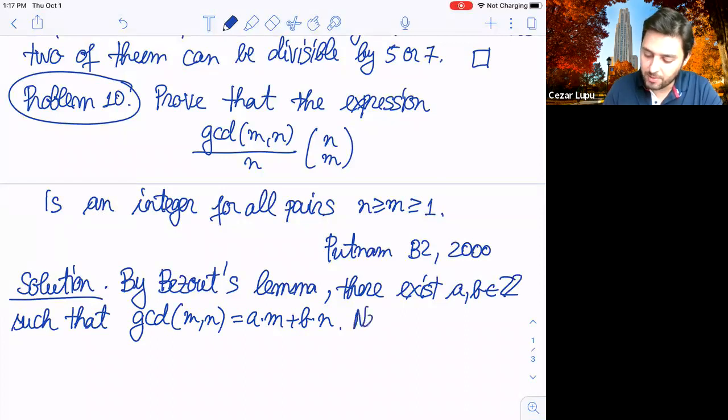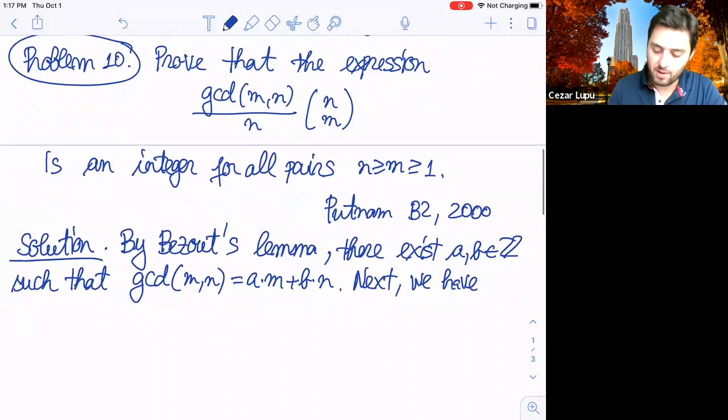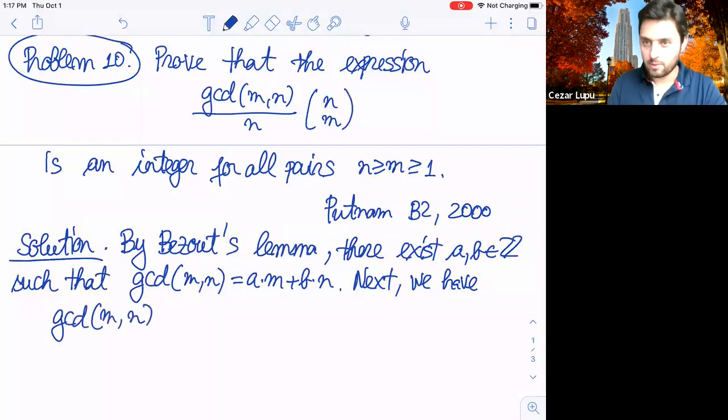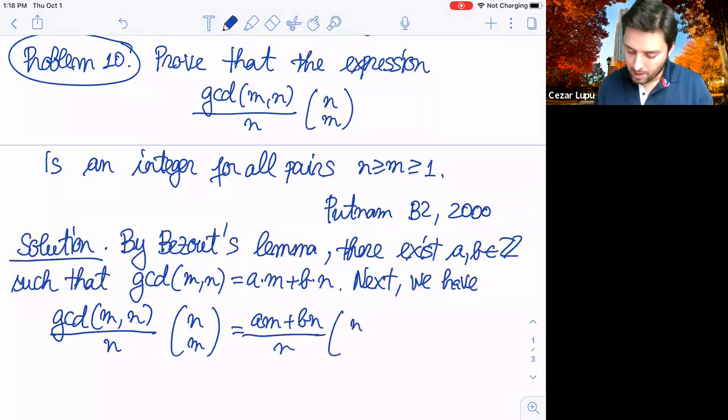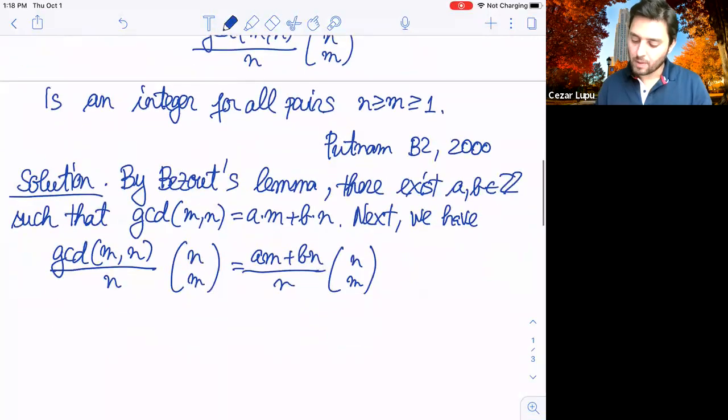And now let's start computing this. Let's write it. Next we have the following. So what do we have? We have the gcd of m and n over n times n choose m. So this guy can be written as am plus bn, everything over n, times n choose m. And now we're going to write this in the following way.